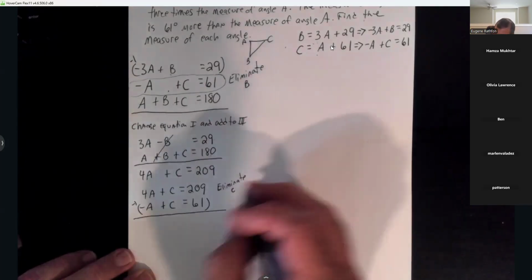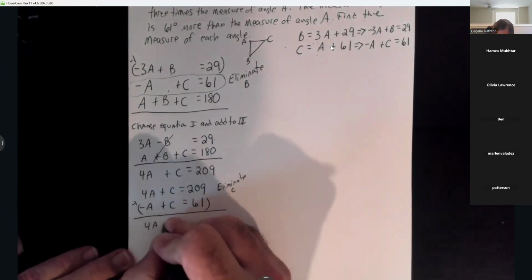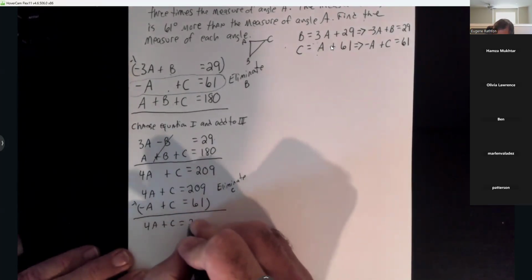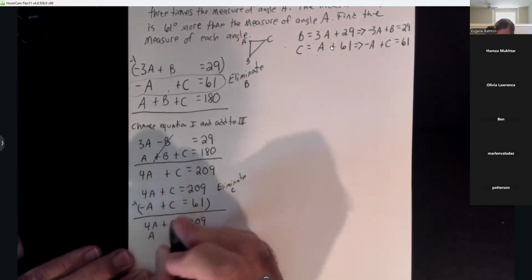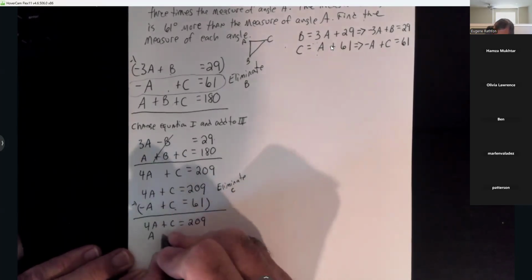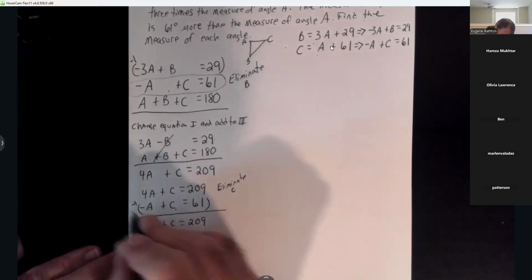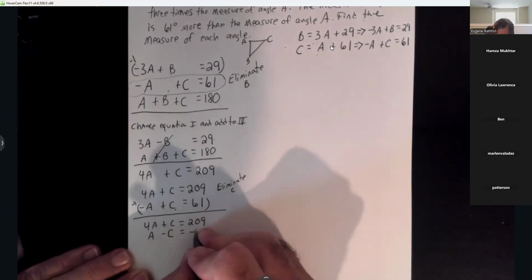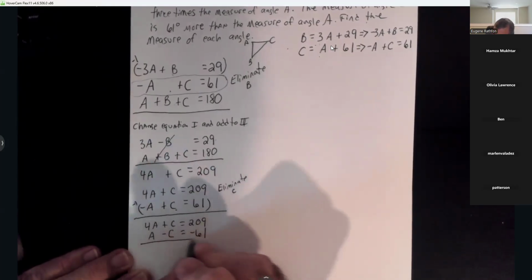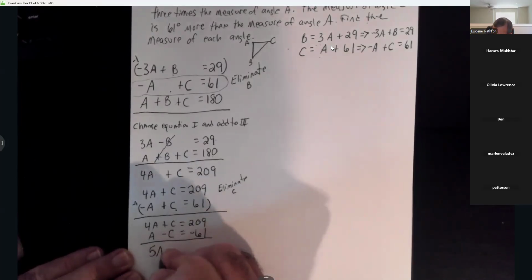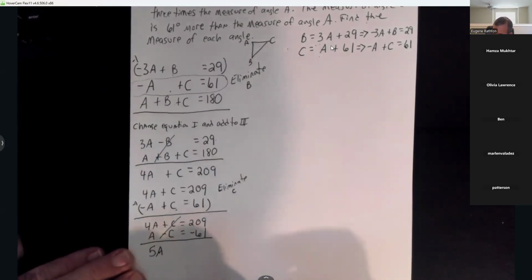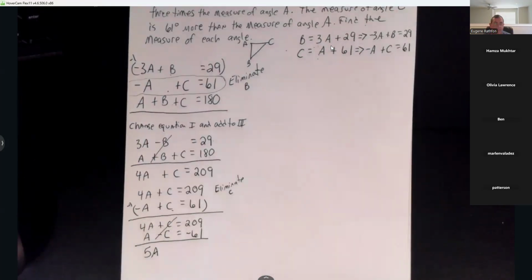All right, y'all, so that'll give me the first row was 4A plus C equal 209. Negative times negative makes that a positive A. Negative times positive makes that a -C. Negative times positive makes that a -61. All right, so here we go. 5A. C's cancel. And what's that equal, y'all? 209 minus 61.